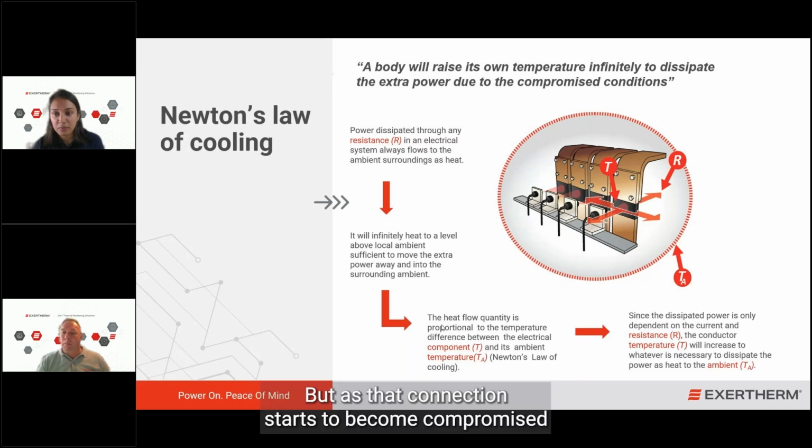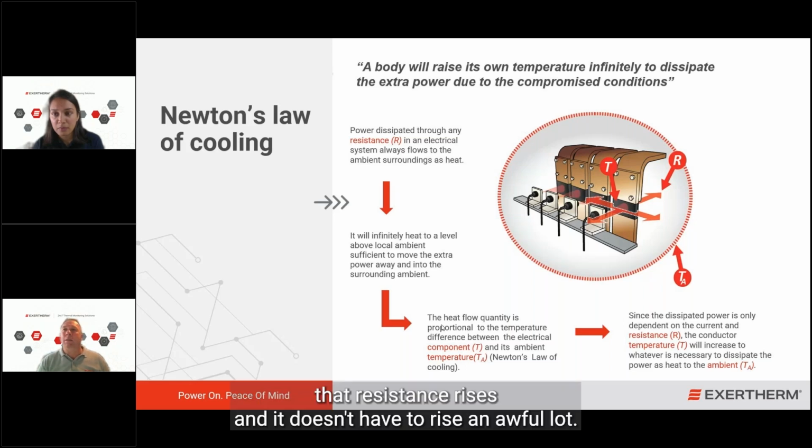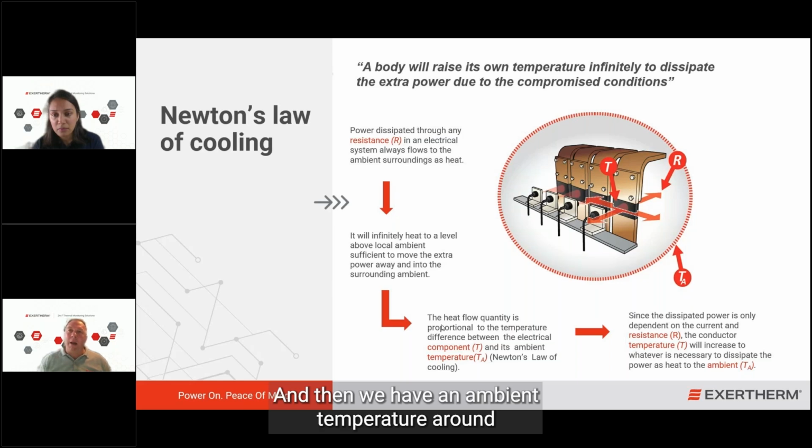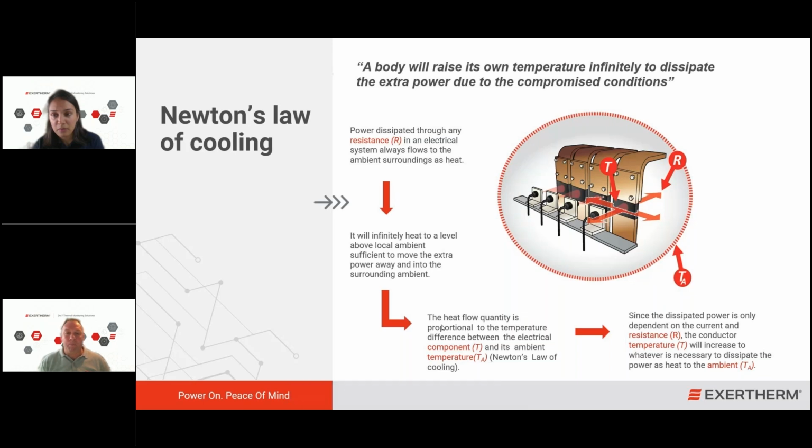Very, very low. But as that connection starts to become compromised, that resistance rises. And it doesn't have to rise an awful lot. Fractions of an ohm, the odd ohm. Very, very low. And then we have an ambient temperature around, so surrounding that joint, surrounding the area.